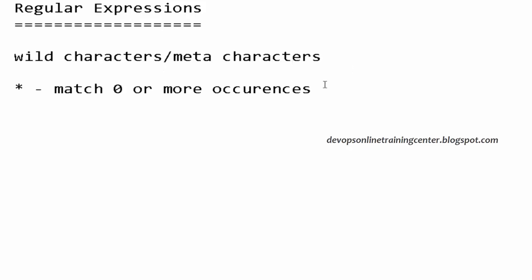Right. So in a similar way, we have other characters as well. So this is called caret. This matches the beginning of a line. So if you want to check the things which are starting with something, let us say starting with A, starting with B, so that we can match.